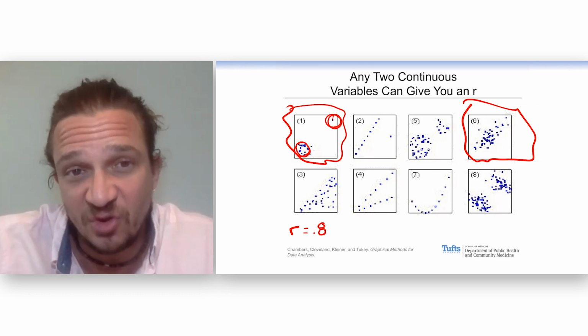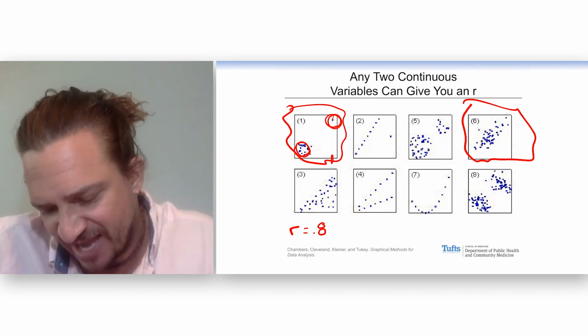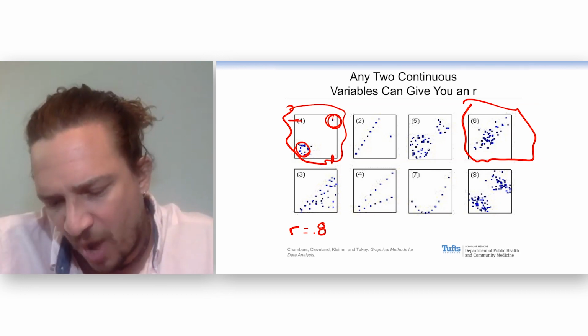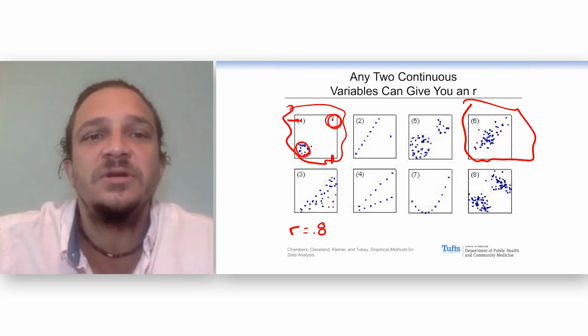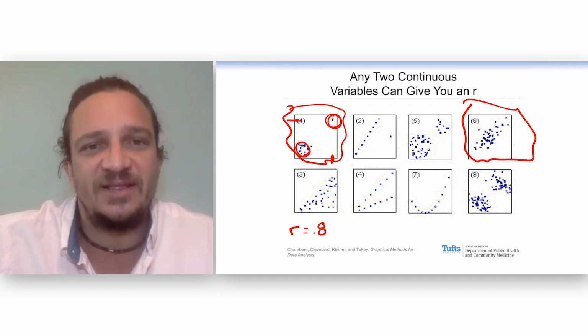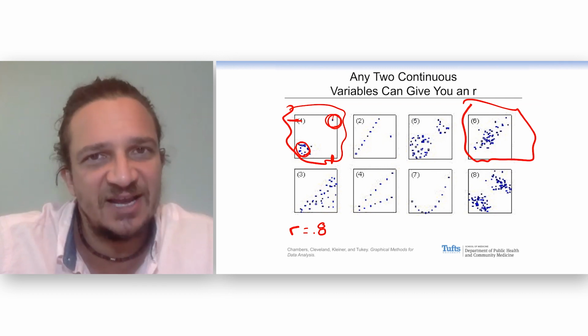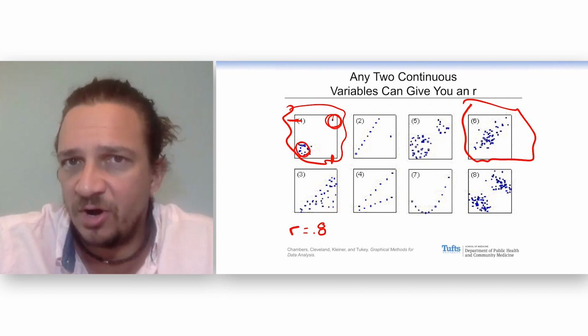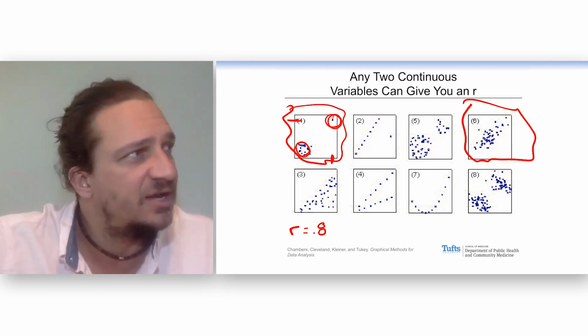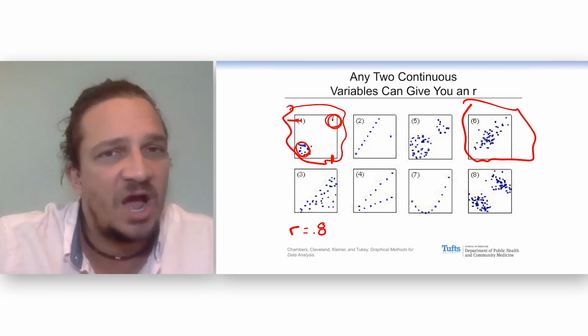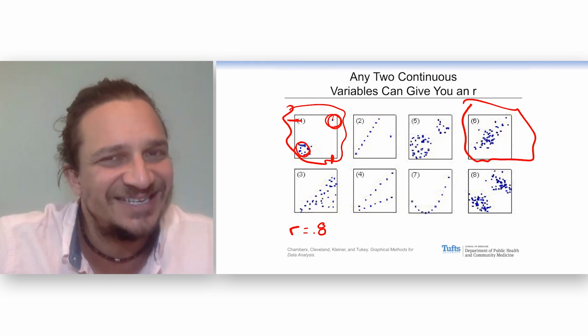Now, if these were real data, you would look very closely. Why is this person's X value so high? Why is their Y value so high? Maybe it's a typo. Maybe they measured the wrong units. You look really closely at this person. Now, some students say, I have an outlier, throw it out. No, when you have an outlier, you look at it very closely. Thomas Kuhn said, from anomaly commences discovery.